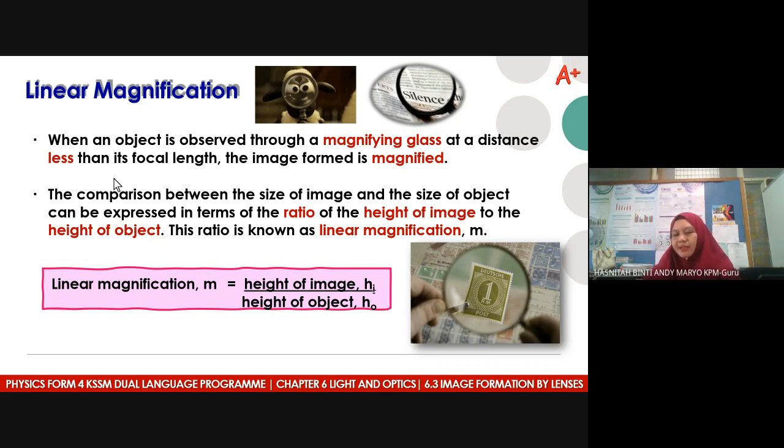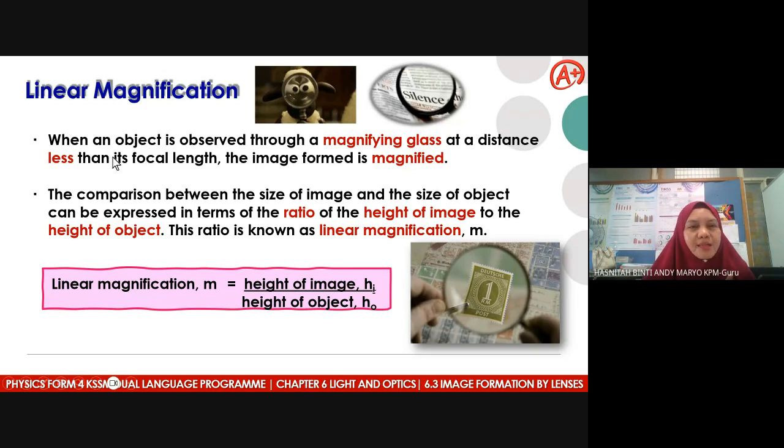Okay, so now let us go to linear magnification, the final learning standard 6.3.4. Okay, students, talking about magnification. We understand the word magnification from the word magnify. It means the image will be magnified, bigger compared to the object.